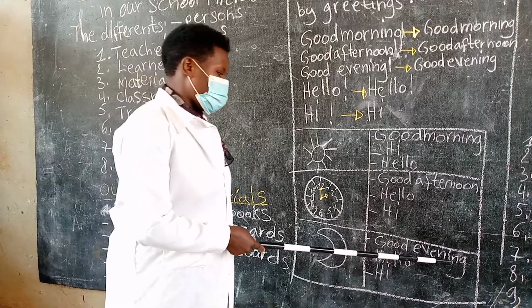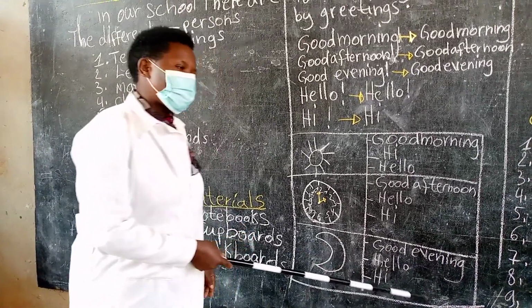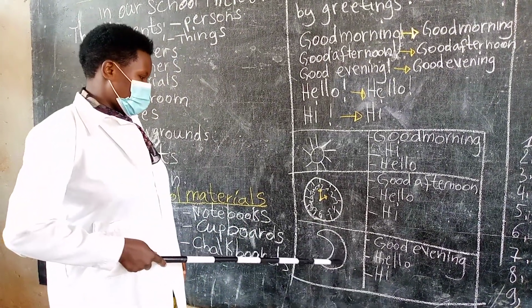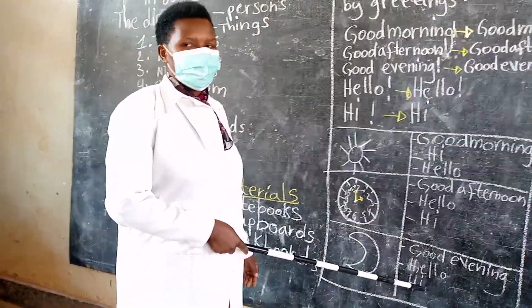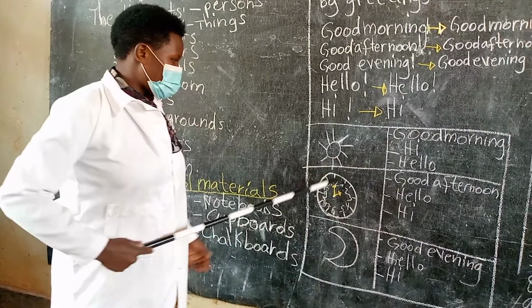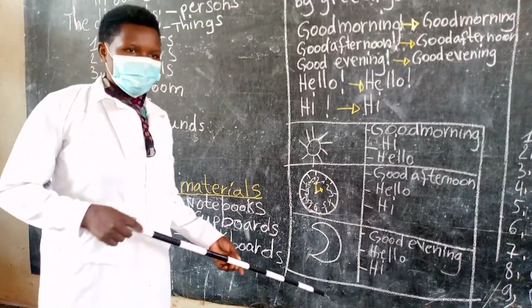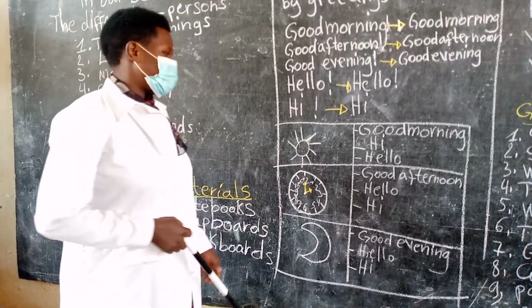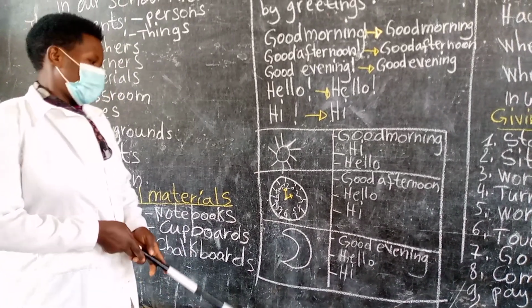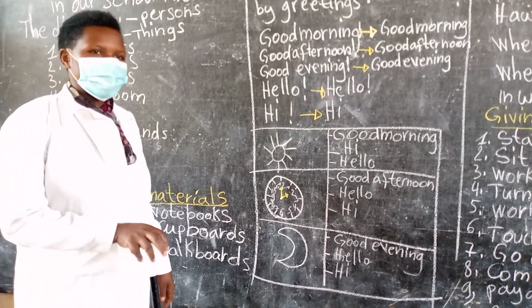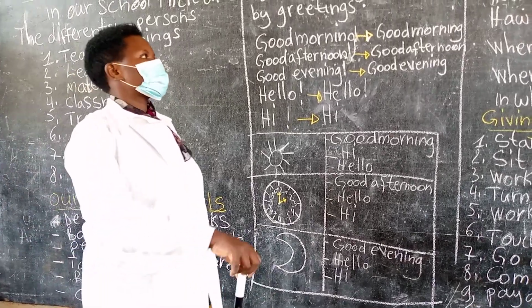Good evening. And the other option is hello or hi. These are the signs that we use to greet one another. These are the signs that you may use to show your children the greetings that they can use.